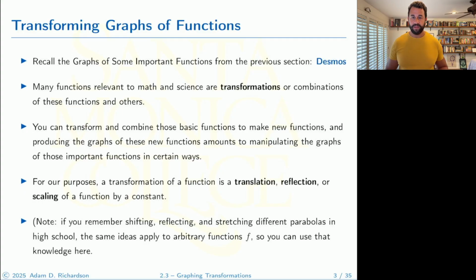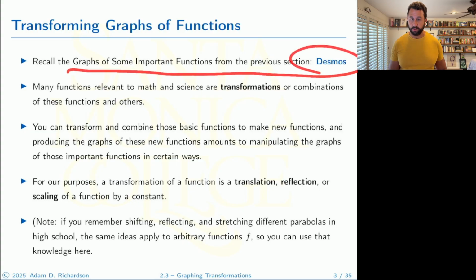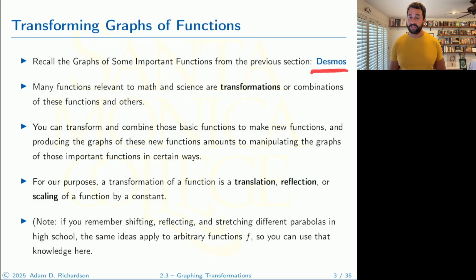So let's get started. One thing I do need to say outright is you do need to recall the graphs of some of those important functions. You can follow that link again if you need it. But those graphs that we talked about in the previous sections, those ones you need to memorize, you really do want to have those memorized because they're going to show up a lot. And this is kind of why.